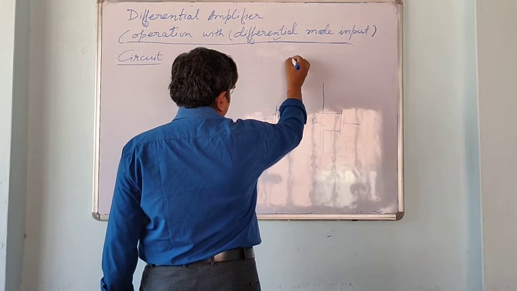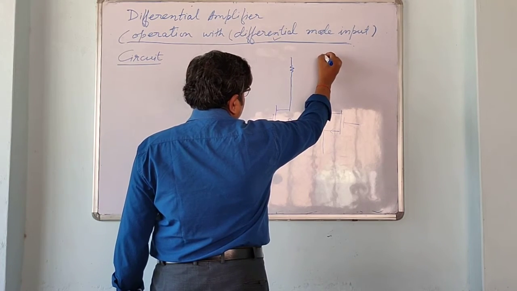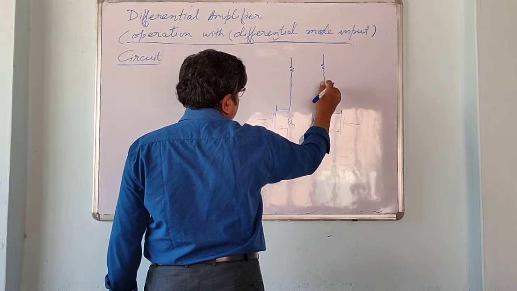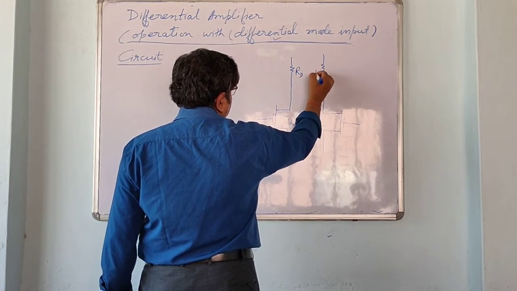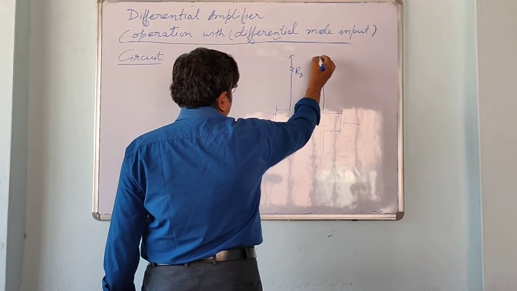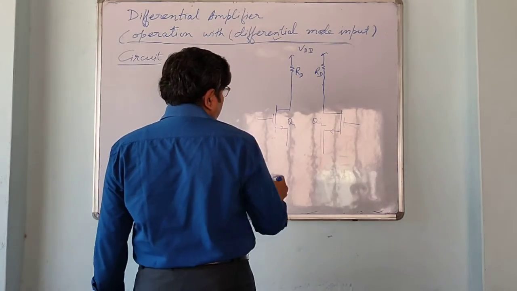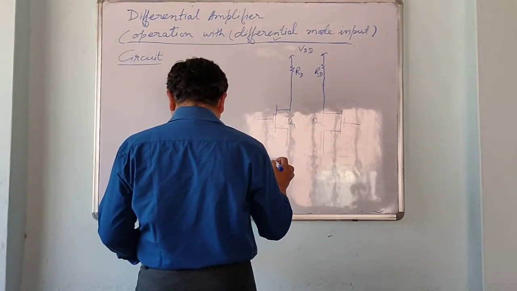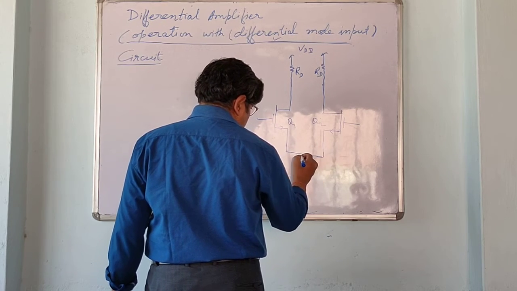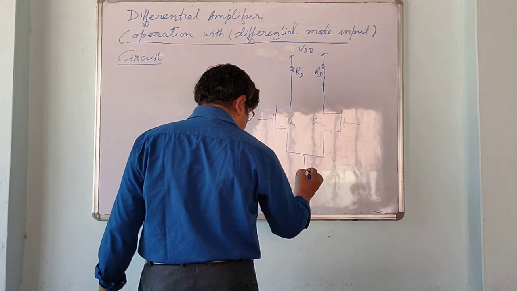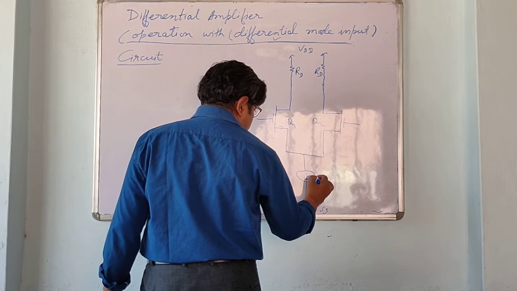At the drains we have two similar resistances RD, and the supply is VDD. The sources are common, and we have a constant current supply with a bias battery.